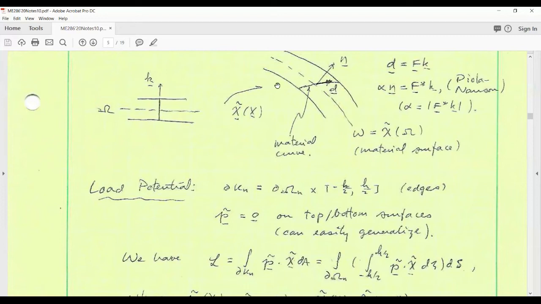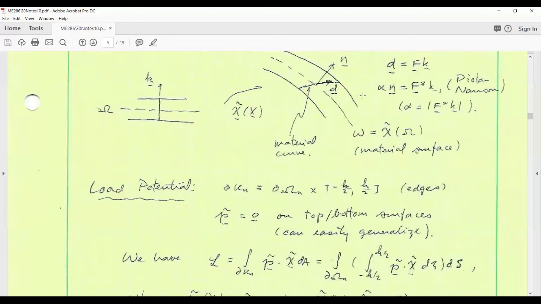So the assumption that the cross section remains plane, or this line remains straight after deformation, would be analogous to what we call the Timoshenko hypothesis, Timoshenko beam theory. We'll abandon that also. There's no reason to impose that either. We might have a curvature of that material line through the thickness.